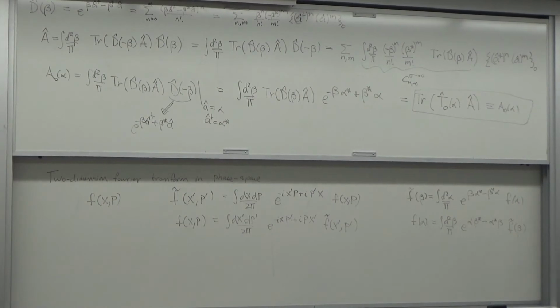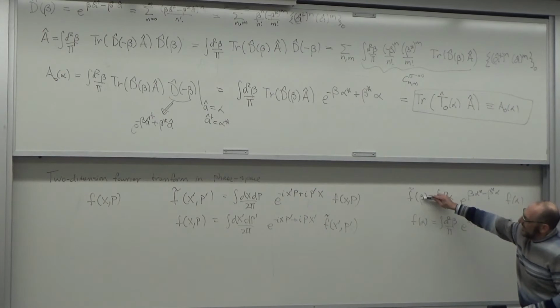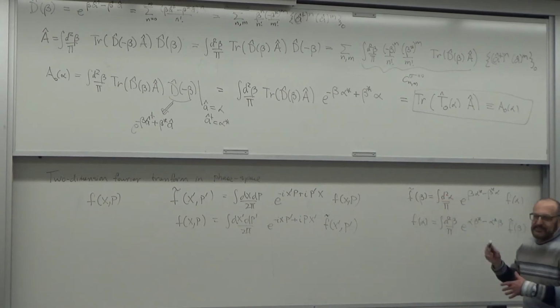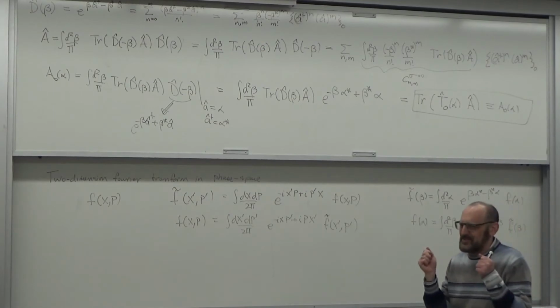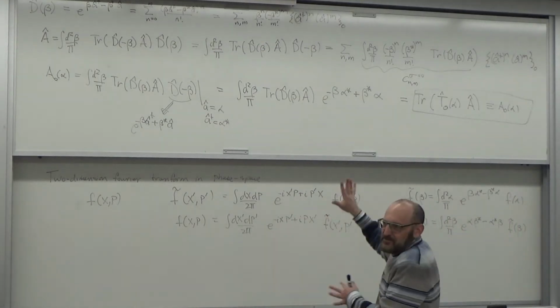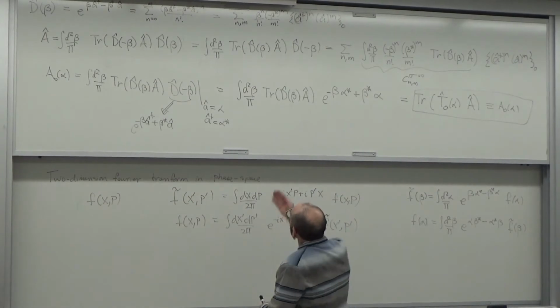Okay? So this is going back and forth, where beta is the conjugate to alpha. I know this can be confusing, but it's just a Fourier transform in 2D. And that's what we've done.